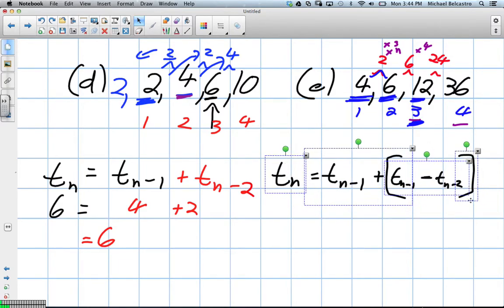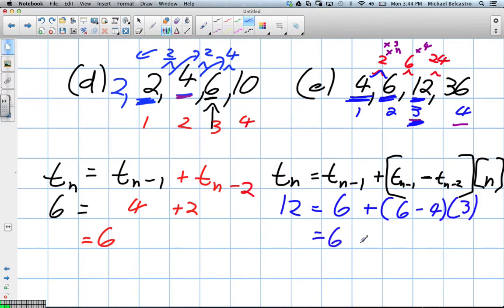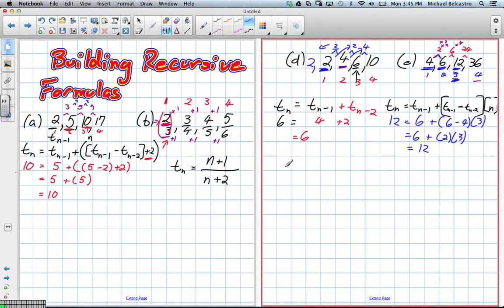And whatever term value we happen to be on in this case is our value of n. Those are our term numbers. So again, let's say we're trying to build 12. Well, 12 is equal to the value of 6 plus 6 minus 4, which is 2, and our term value is number 3, which gives us 6 plus 2 times 3, which gives us 6 plus 6, which is 12 in that case. Okay, so that's how we built our two recursive formulas here.